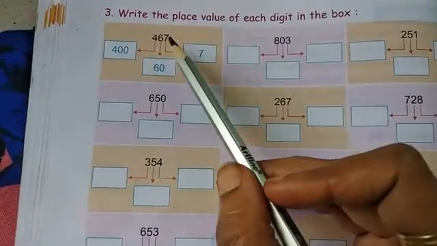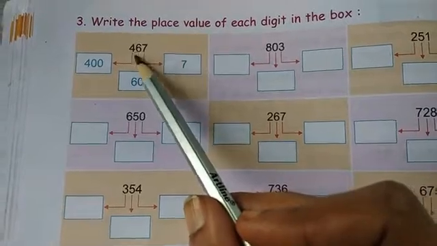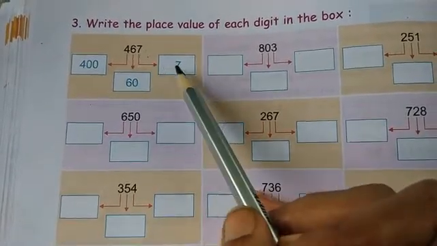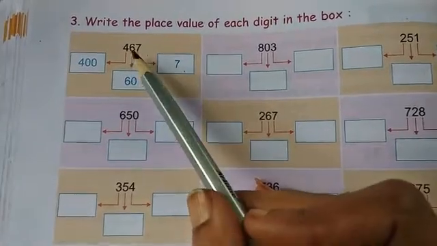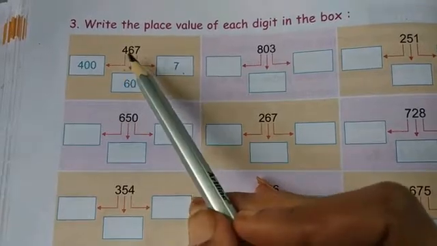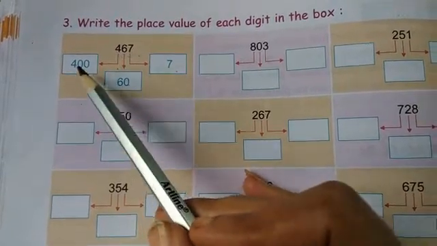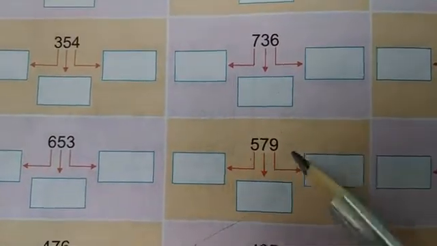Here, as you can see the example, for 467, 7 is at ones place, so 7. 6 is at tens place, so 60. 4 is at hundreds place, so 400. Here 579.